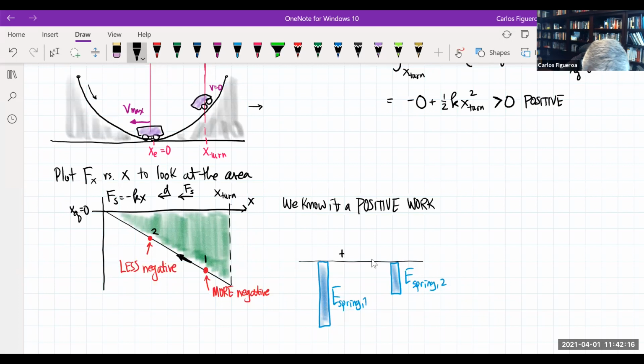And so the work in this case has to be 2 squares, in the positive direction. So all of a sudden, what you're doing here is that you're moving from a more negative to a less negative. Therefore, that work had to be positive. So when I look at this spring work here, it must be positive. I showed you mathematically. Now I'm trying to show you physics-wise. That's why that is positive work.